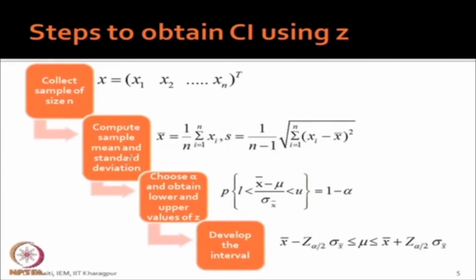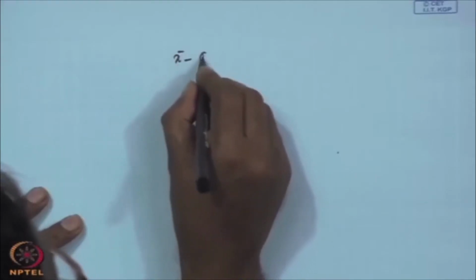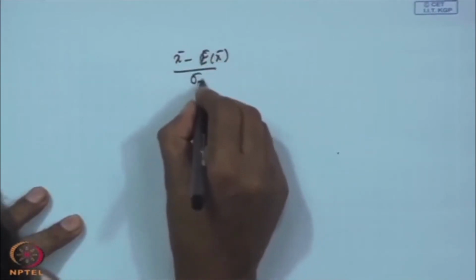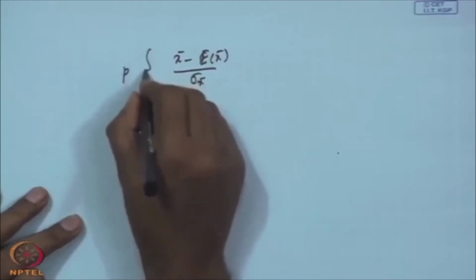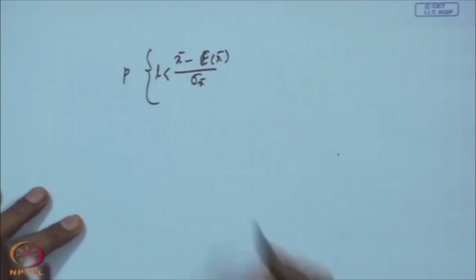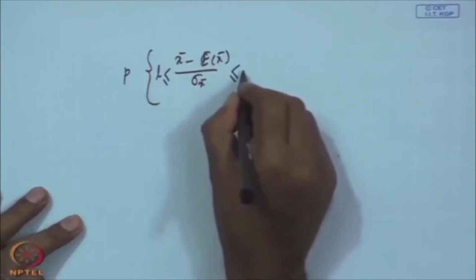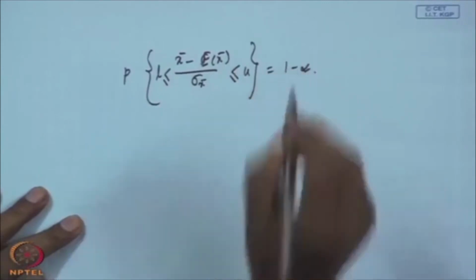First you collect data, then find the statistic you want to compute: the estimate of population mean is x bar, and the estimate of population standard deviation is S. Then you choose a particular alpha value, and we know that the probability that the statistic we generated, x bar minus expected value of x bar divided by sigma x bar, is greater than or equal to L and less than or equal to U, will be 1 minus alpha.